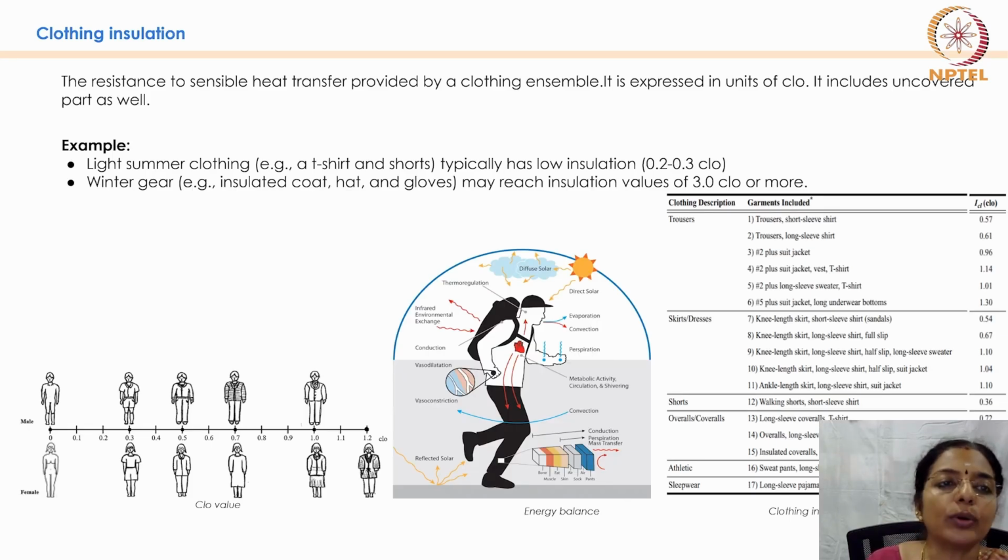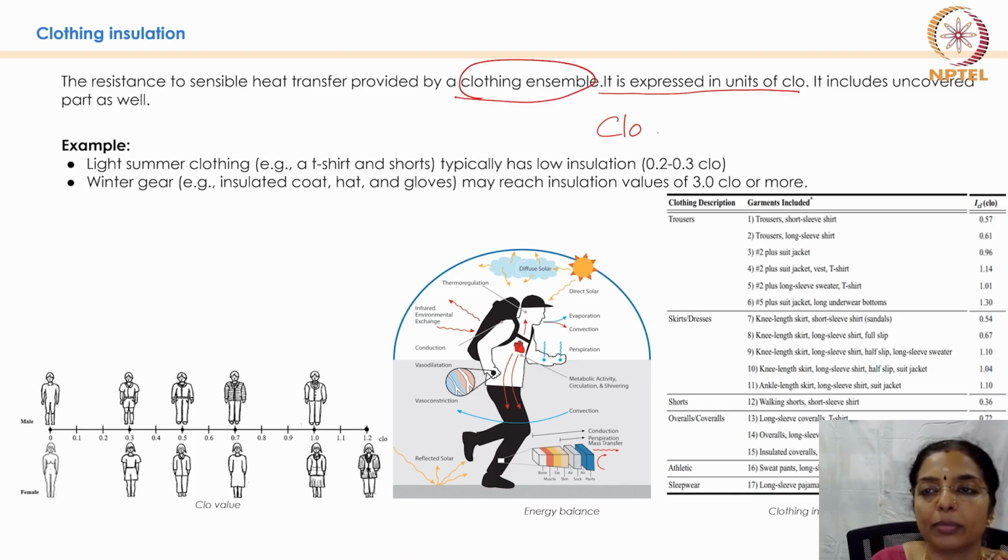Now let us look at clothing insulation. The resistance to sensible heat transfer provided by a clothing ensemble is expressed in units known as clo. Clo is the unit used to understand a clothing ensemble.